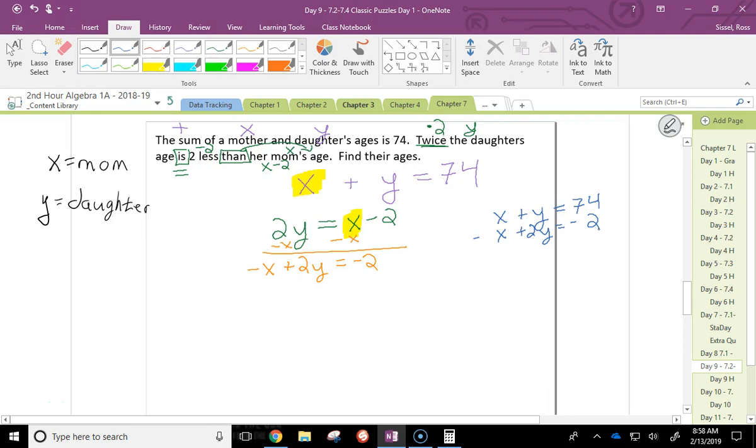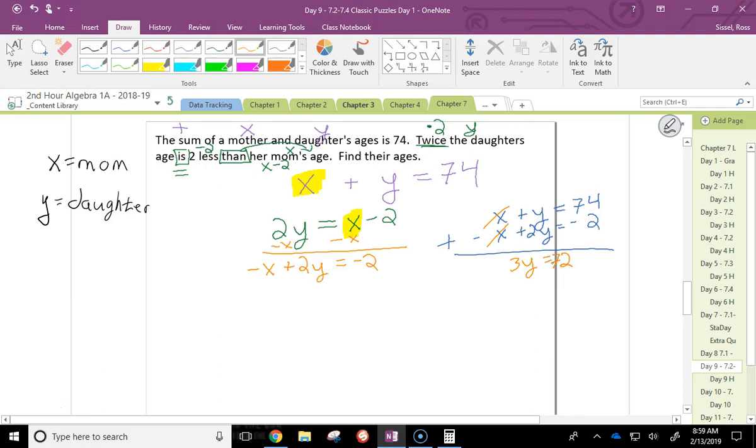Add. Good, let's add them. X minus x is 0. Nothing. Y plus 2y. 74 plus negative 2. So 74 minus 2 is? 72.